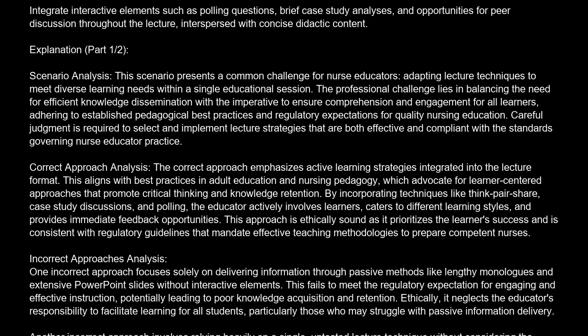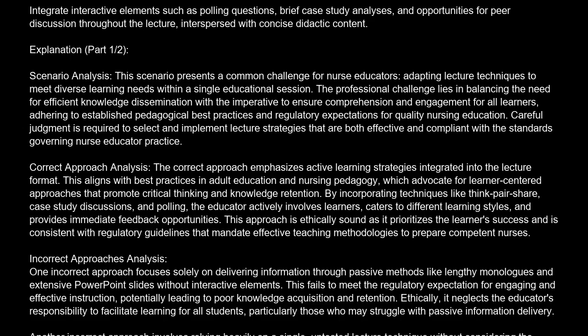By incorporating techniques like think, pair, share, case study discussions, and polling, the educator actively involves learners, caters to different learning styles, and provides immediate feedback opportunities. This approach is ethically sound as it prioritizes the learner's success and is consistent with regulatory guidelines that mandate effective teaching methodologies to prepare competent nurses.